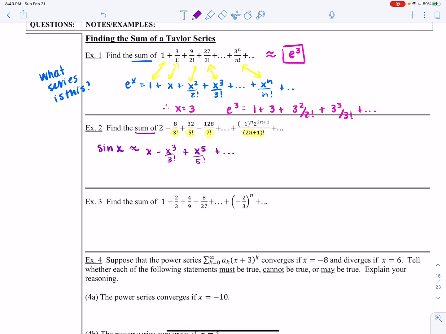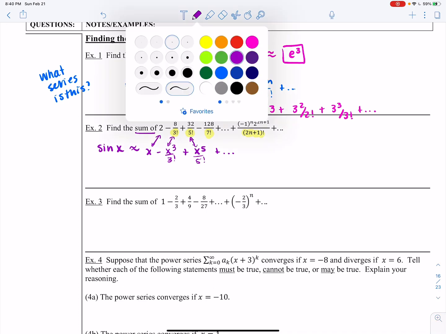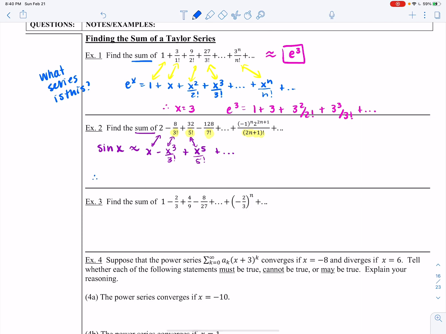So it looks like possibly x is 2. So if x is 2, that would mean that the sine of 2 would have to be 2 minus 2 cubed over 3 factorial plus 2 to the 5th over 5 factorial. And that's exactly what I have here. So this is sine of 2.